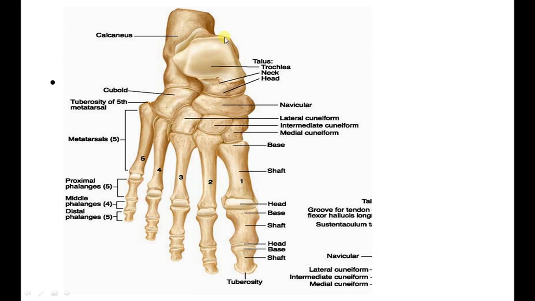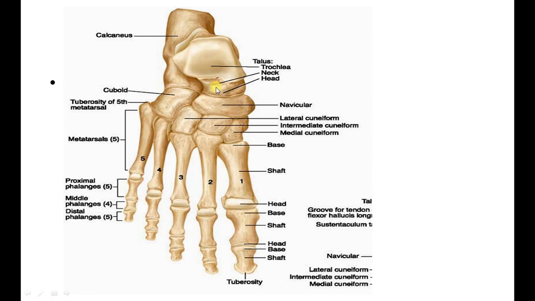The upper surface of the talus is called the trochlear surface, which articulates with the inferior surface of the tibia, forming the ankle joint. On either side you also have the facets for the medial malleolus of the tibia medially, and the lateral malleolus.